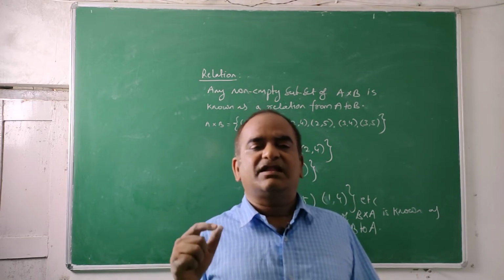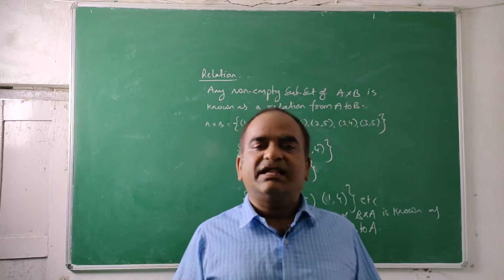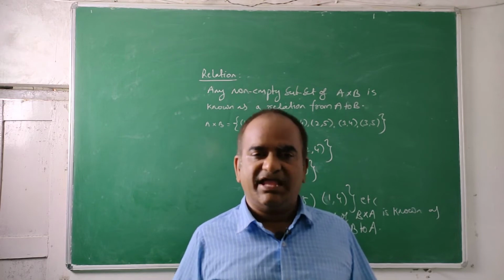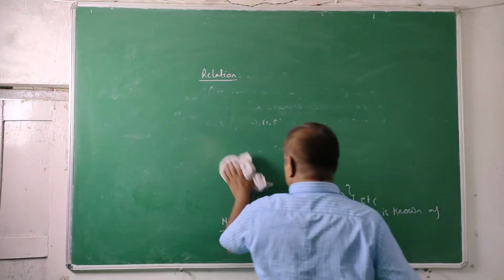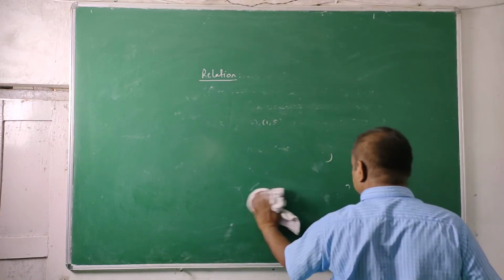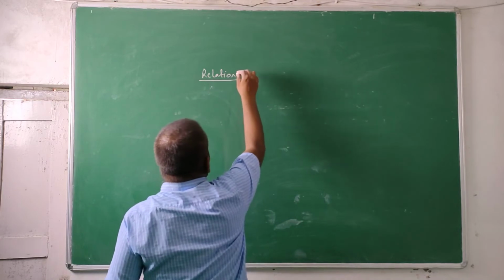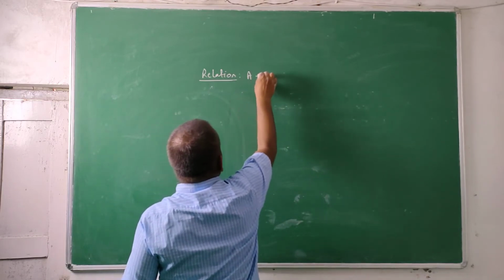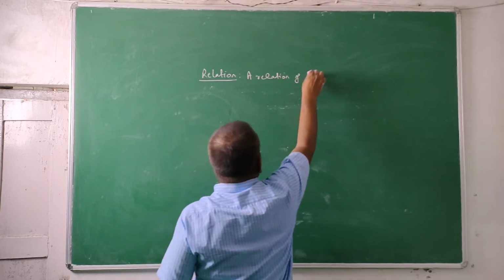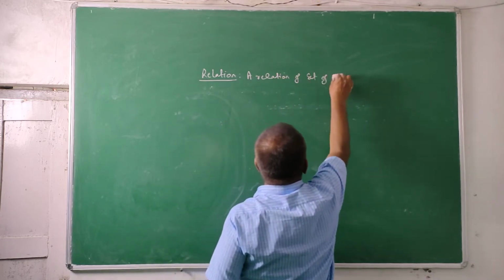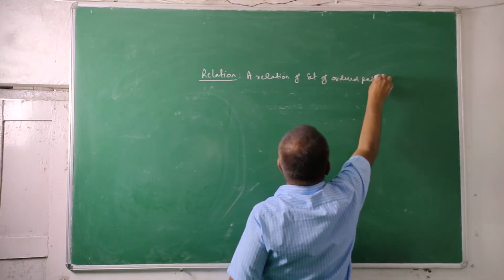If you want to define relation in a simple language, a relation is a set of ordered pairs. Right.